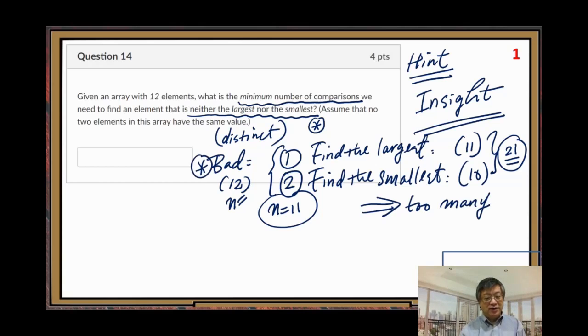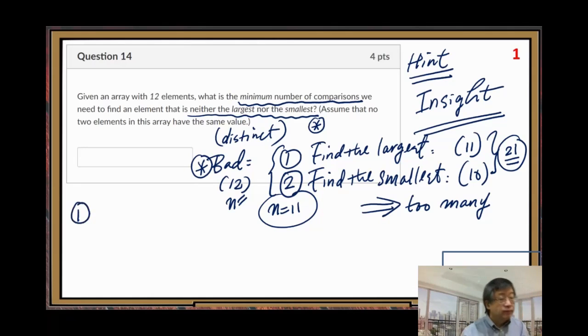Now, next, let me give you the hint for the best possible solution. That's important. Insight. Still 2 steps.